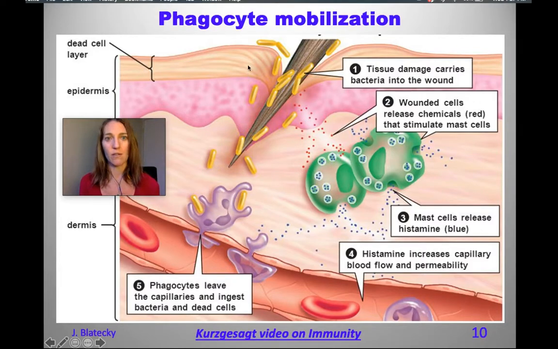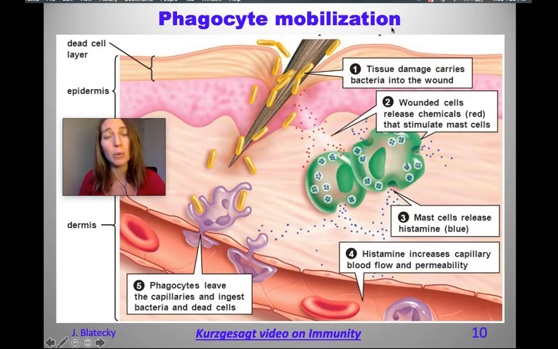So crossing over the stratum corneum of our epidermis, going into the dermis. And again, in this region, you are going to have cells of our immune system that are going to be ready to respond.